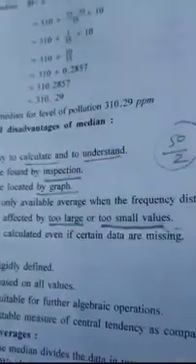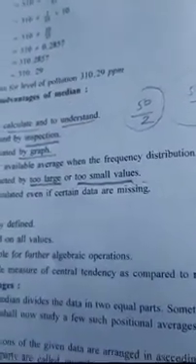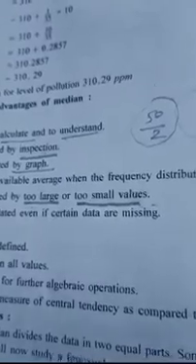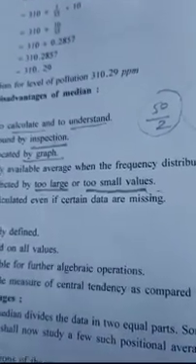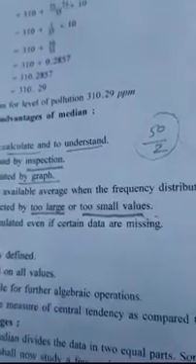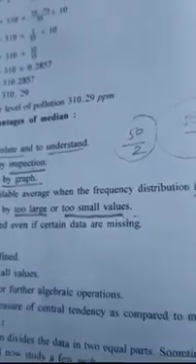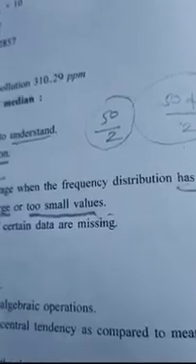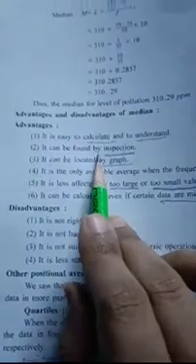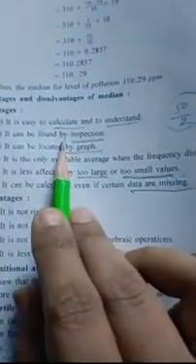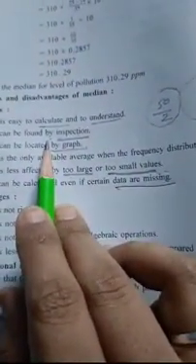Like in frequency, the particular term cannot be found if any one observation is missing. But in the median, it is not like that. You can find any of the particular median, quartile or decile if any one observation is missing. So if the data are missing, then also we can easily find out the median. Okay, these were the advantages, somewhat related with the characteristics of good measures of central tendency.